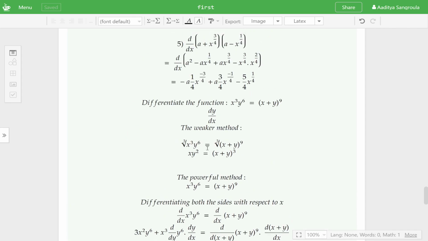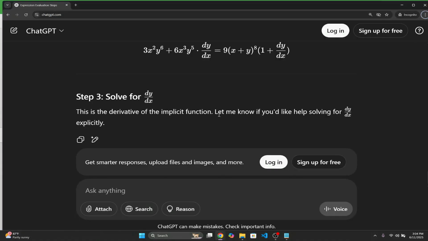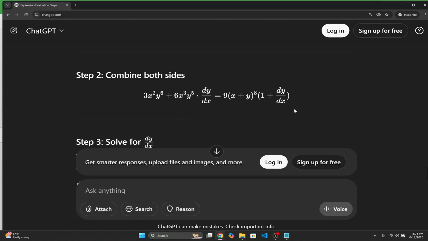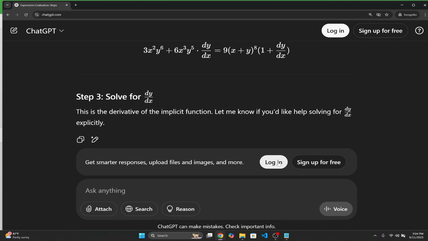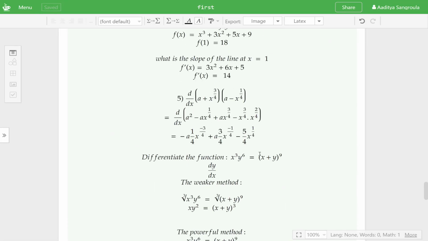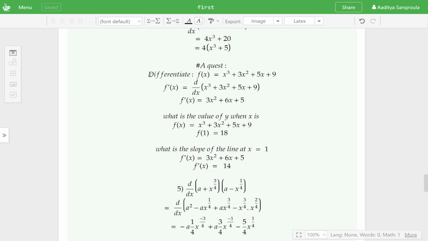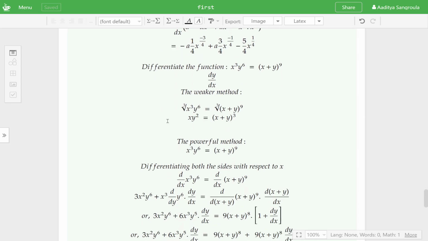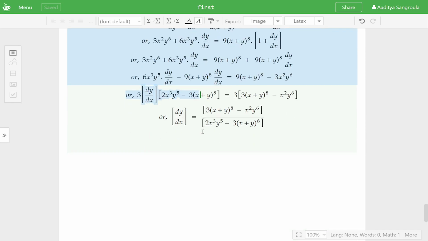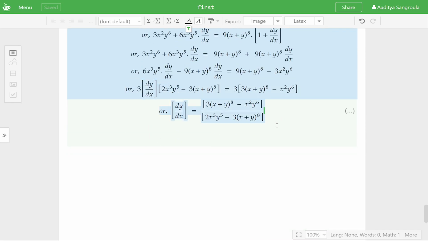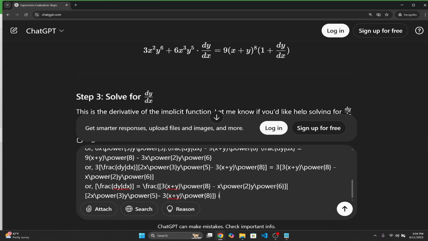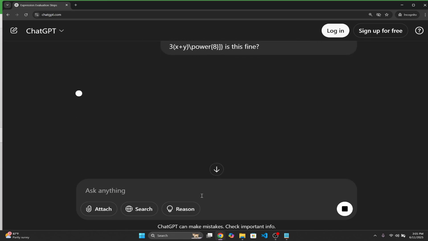I can give it to ChatGPT, or at least let's see what it has taken out as the answer. Where is the question? Control C. Is this fine?